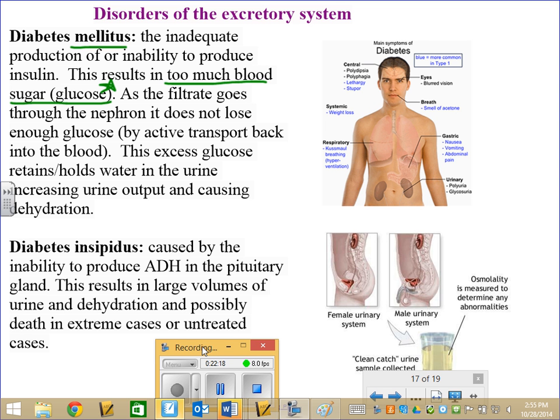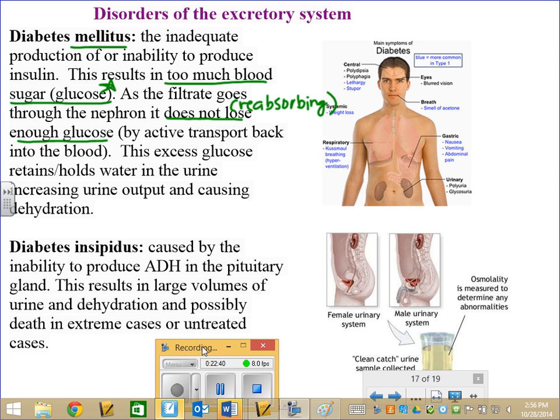When there's too much blood sugar, your filtrate now has a really high concentration of glucose. If there's too much sugar in the blood, we're not reabsorbing enough glucose back into the blood.